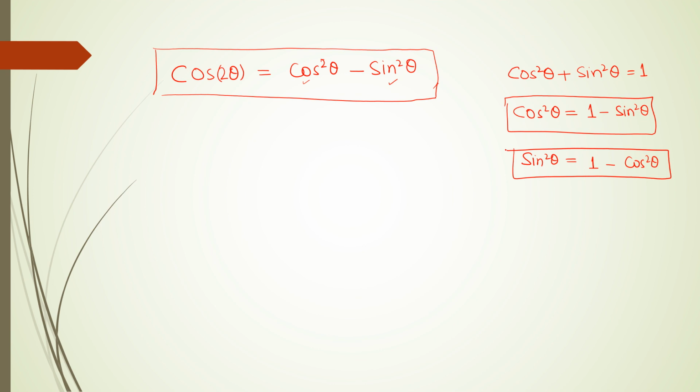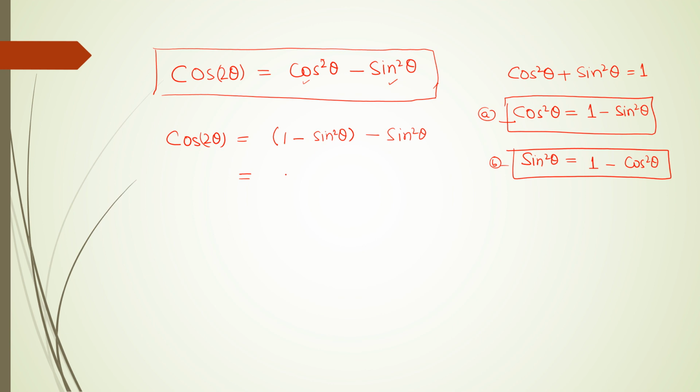Okay. Now what we can write, cos 2 theta is equals to, we will use this identity. Let's call this one A and this one B. So first we will use A. If we replace cos square theta in terms of sin square theta, what we will get? 1 minus sin square theta minus sin square theta.